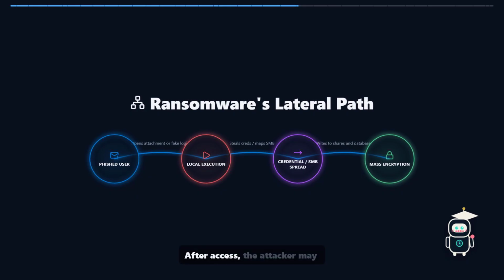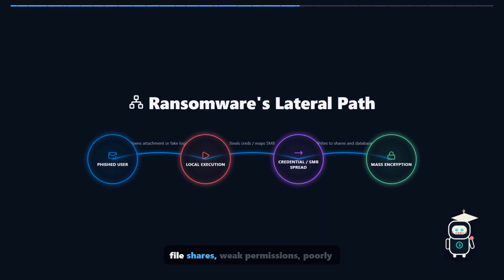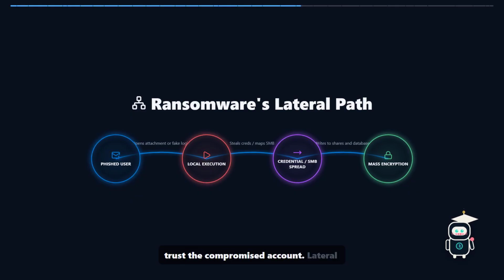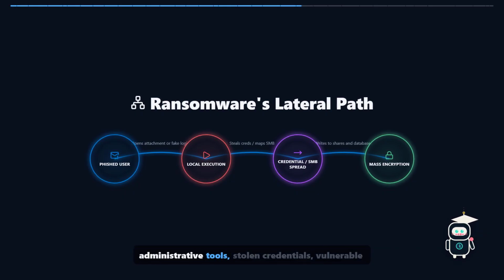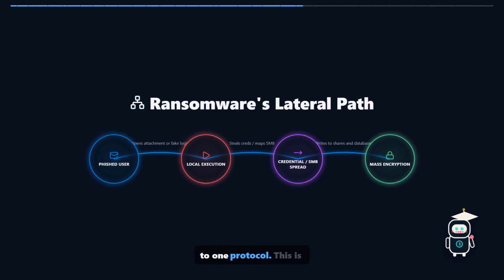After access, the attacker may look for credentials, remote management opportunities, file shares, weak permissions, poorly protected backups, or systems that trust the compromised account. Lateral movement may occur through legitimate administrative tools, stolen credentials, vulnerable services, misconfigured shares, or malware capabilities. It is not limited to one protocol.